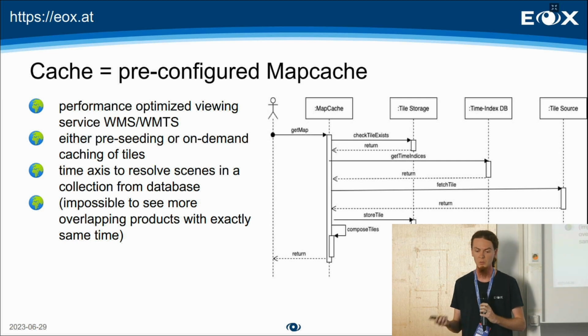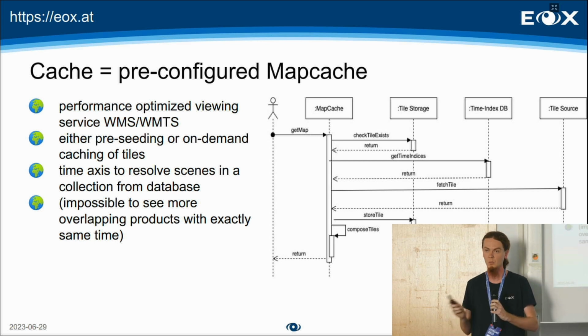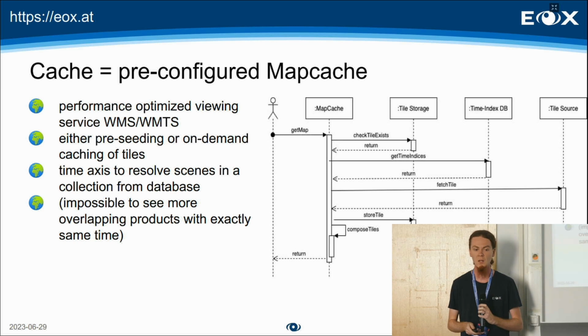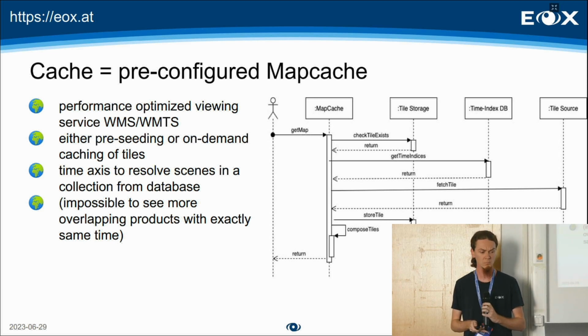And we also have a seeder service, which, whenever you ingest a new product, automatically triggers the seeding operation for a predefined set of zoom levels, so that you have seeded layers already shortly after your new product arrives to the catalog that you reference.